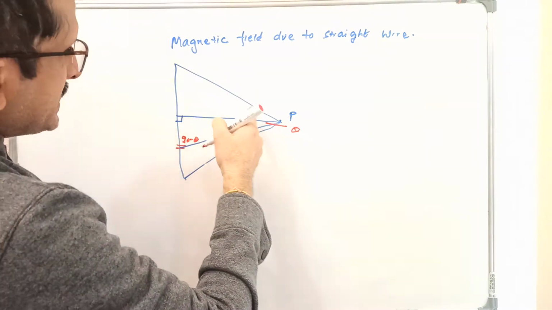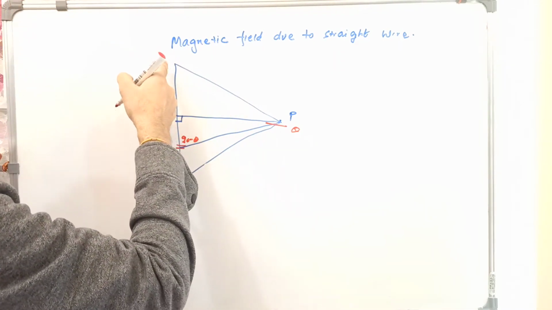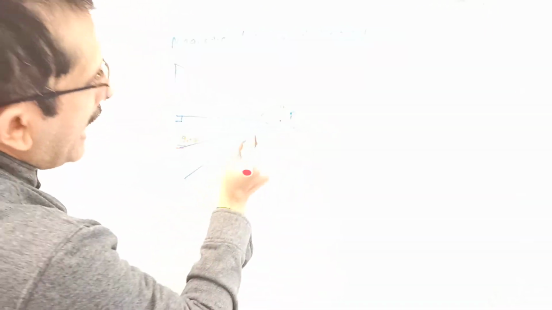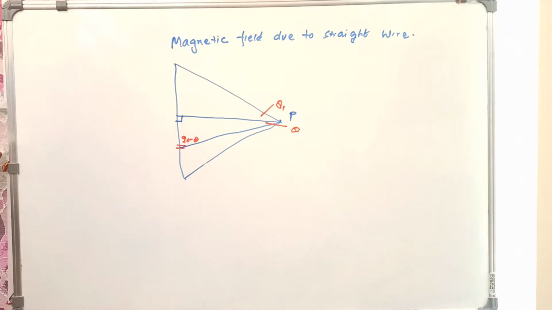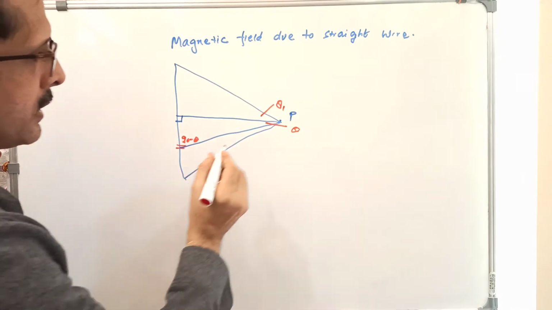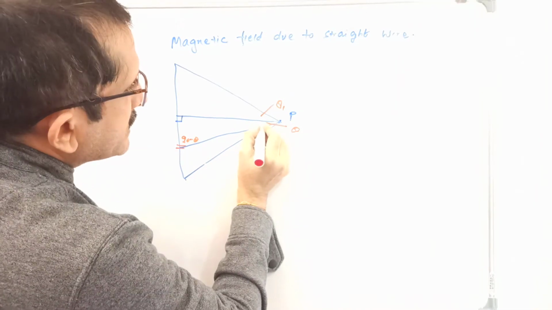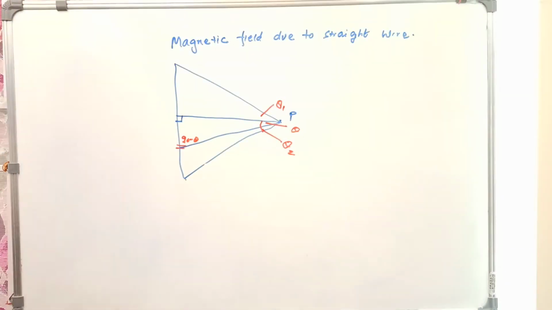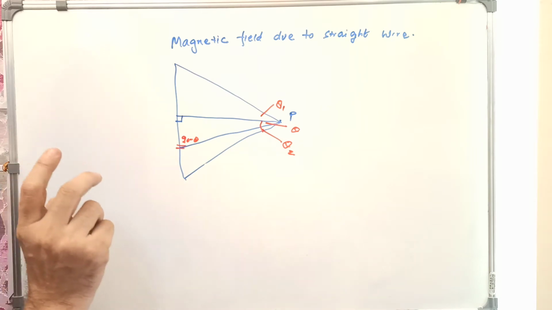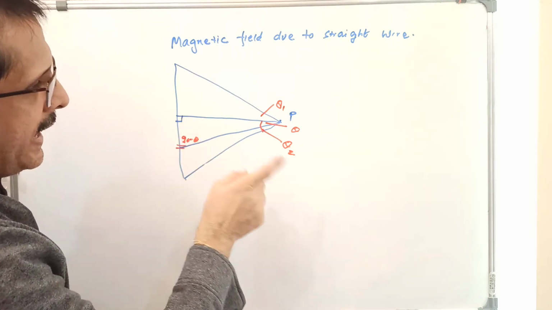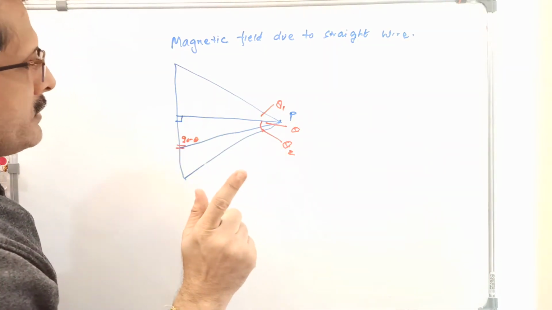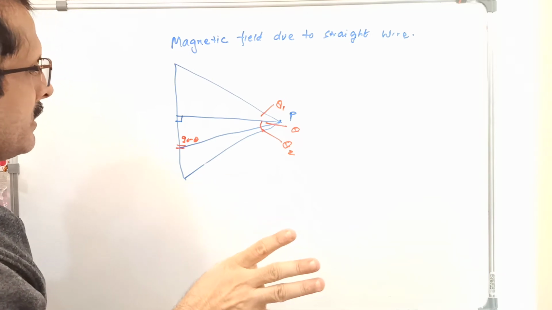Now, this angle, to this end, let's assume it is theta 1, and the leftover, the lower one is theta 2. Now, a very important point to note is all the angles which we are taking are from the perpendicular distance. So that's the key thing.